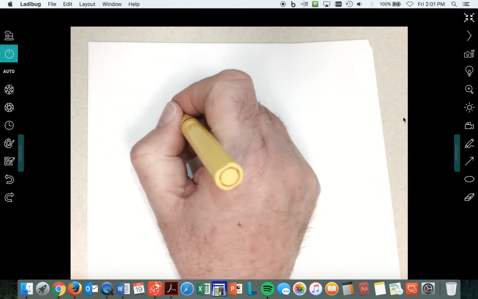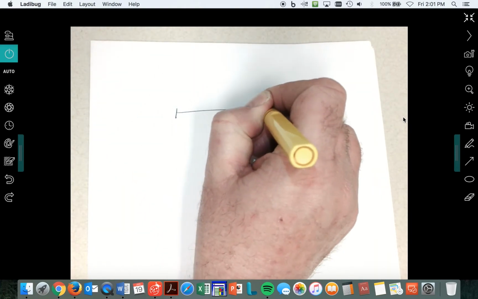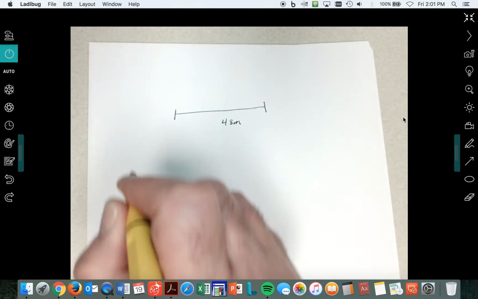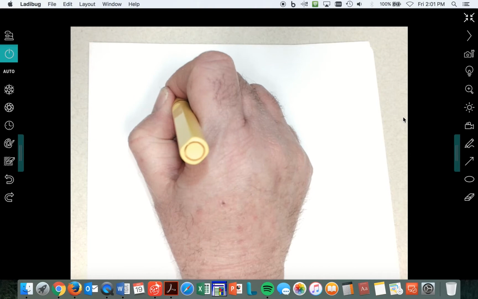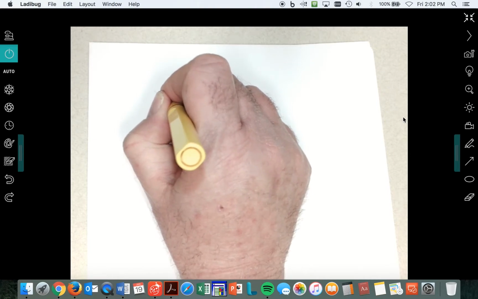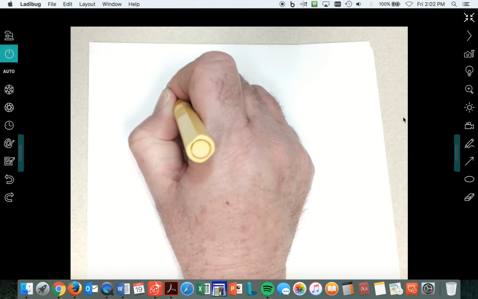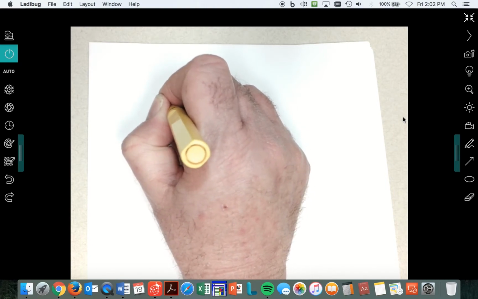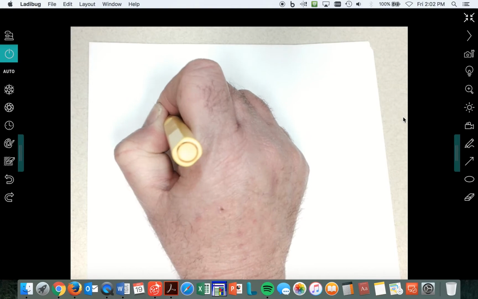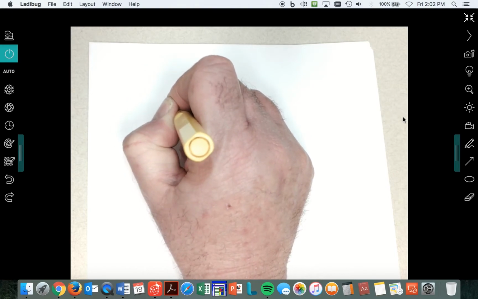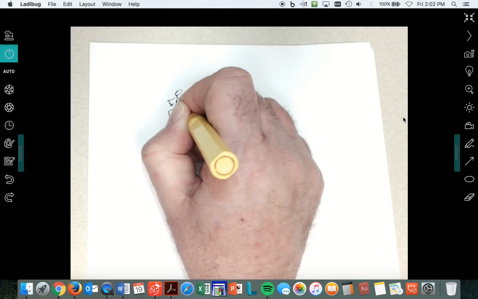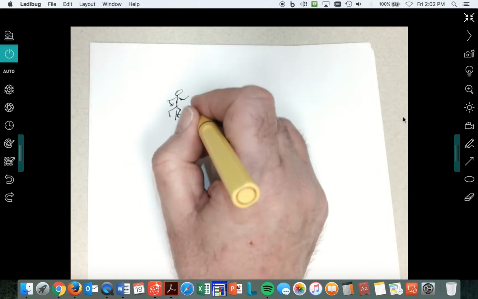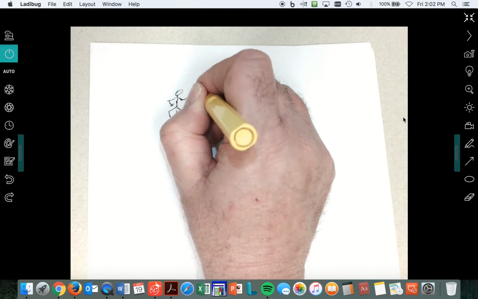All right, so let's draw what we have here. This is 48 meters. Okay, here's soccer player 1, and he's running, a little ball here, a little soccer ball, this way, 0.5 meters per second squared.